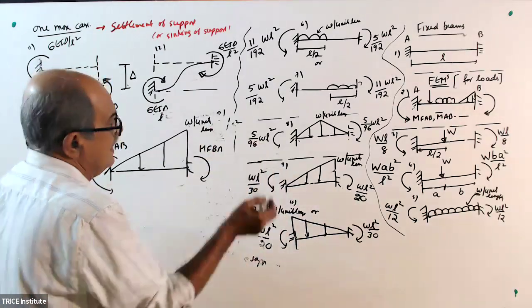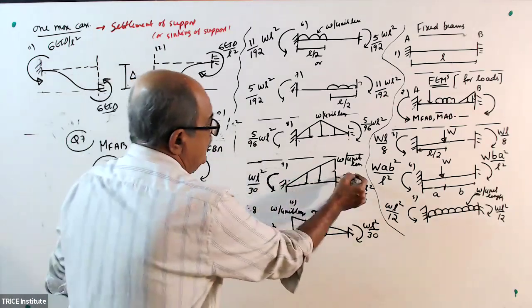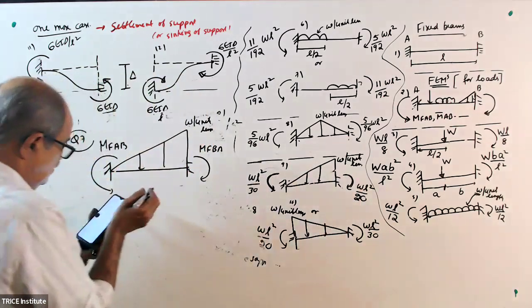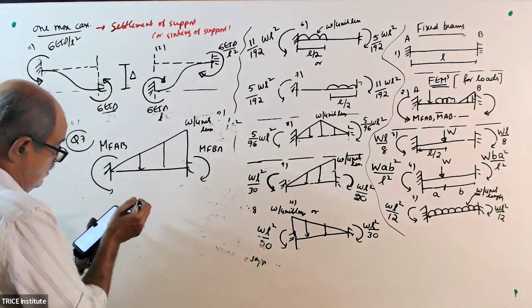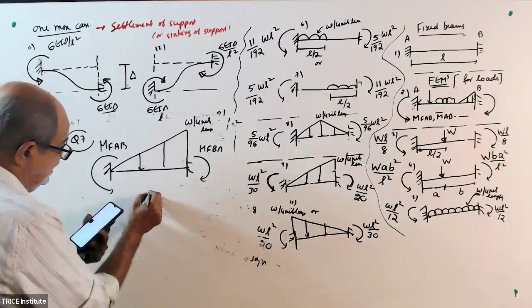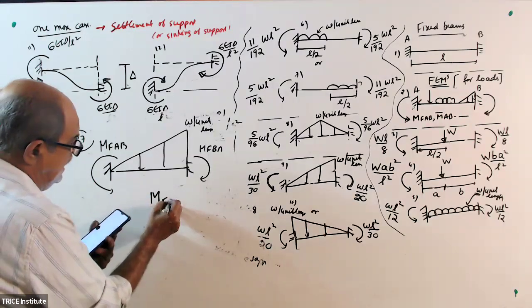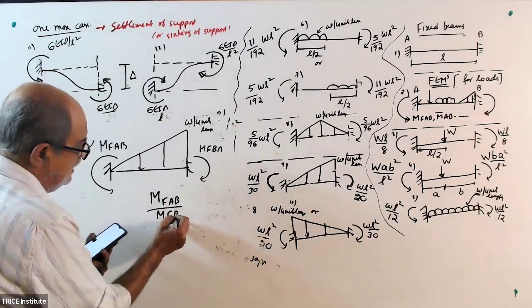See, where is the answer? In this case, MFAB is here, MFBA is here. They want not MFAB, they want MFAB divided by MFBA. Tell the answer.